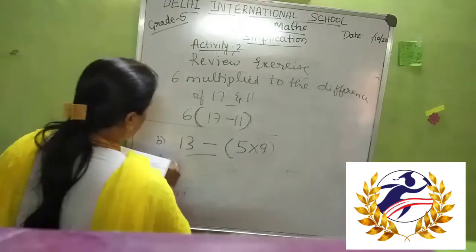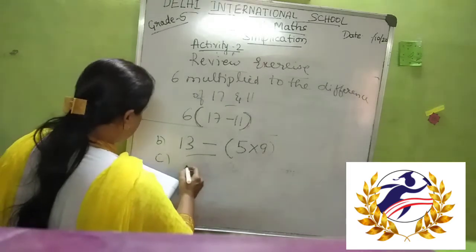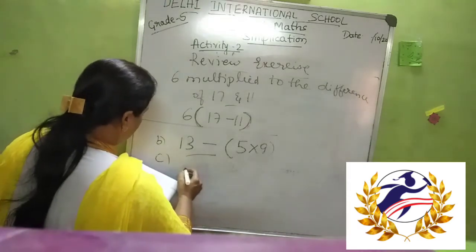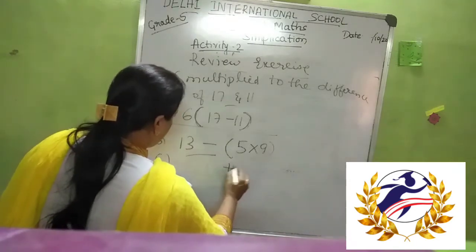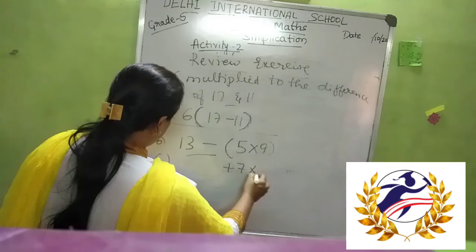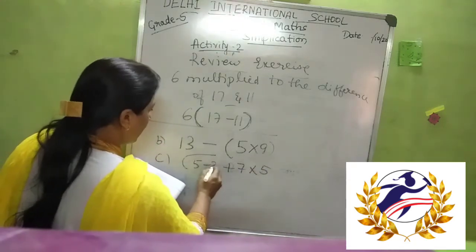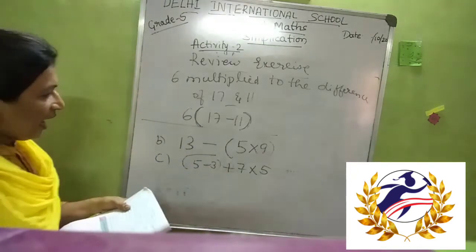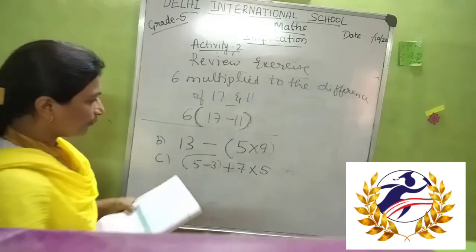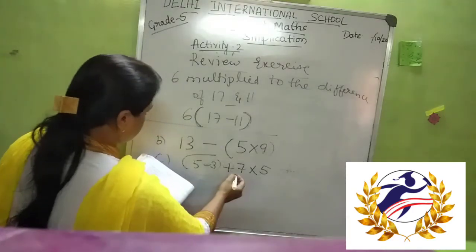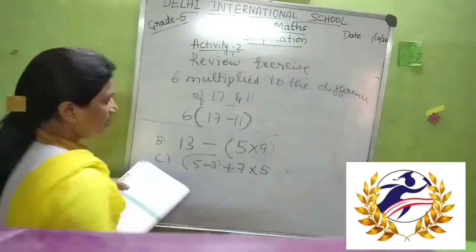And then the C problem: add 7 multiplied by 5 to the difference of 5 and 3. Okay, add 7 multiplied by 5 to the difference of 5 minus 3.